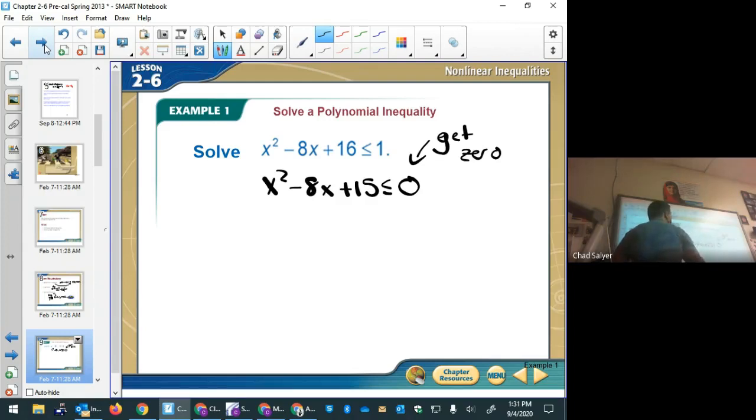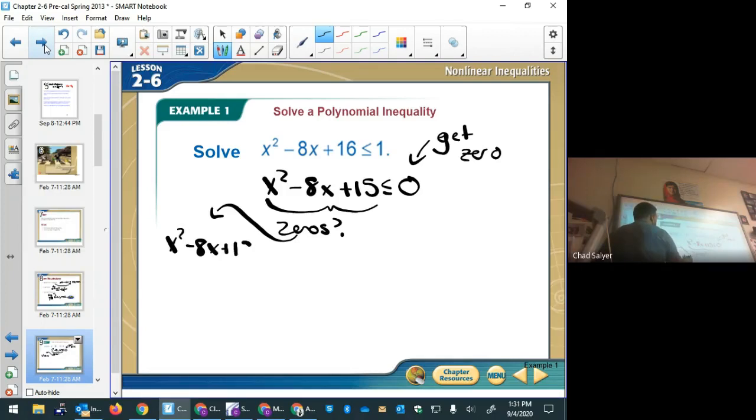Now I need to find the zeros of the polynomial. So that's going to be discovered by setting it equal to 0 and solving for x.